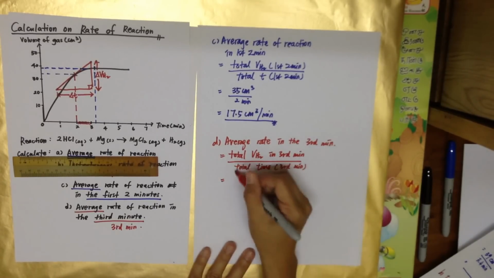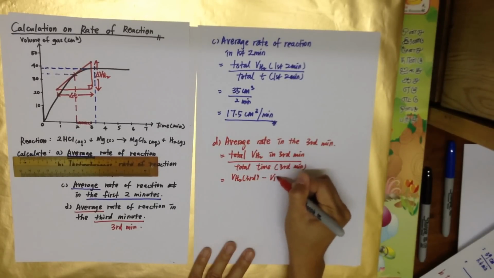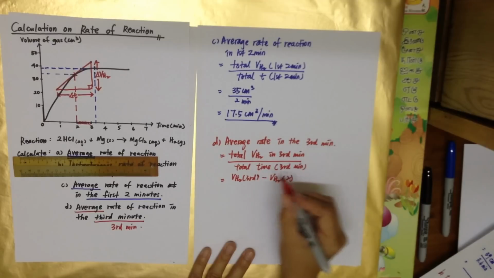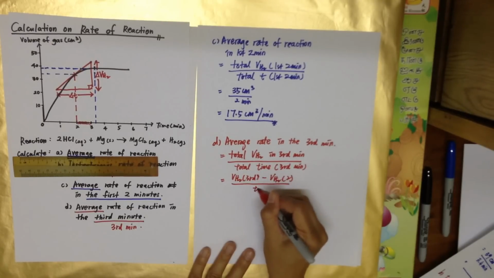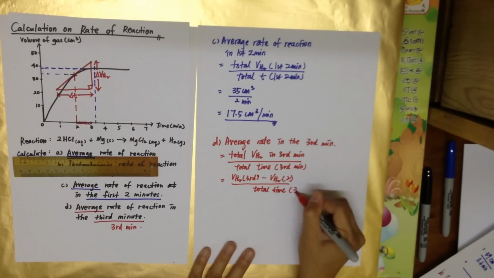So from here, we will use the volume of hydrogen at the third minute minus the volume of hydrogen at the second minute, divided by the total time, which is the third minute.